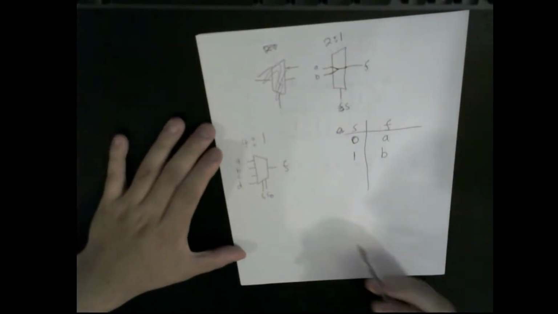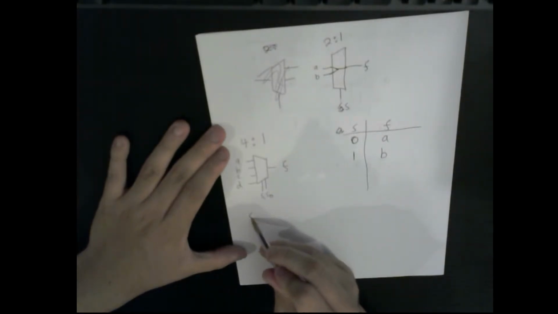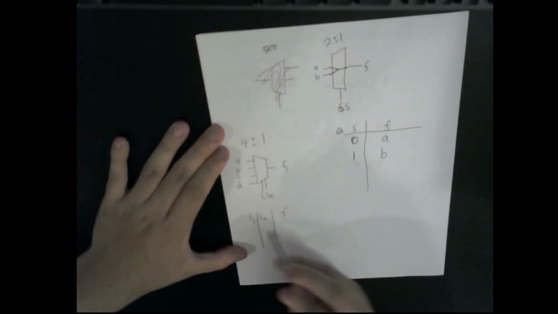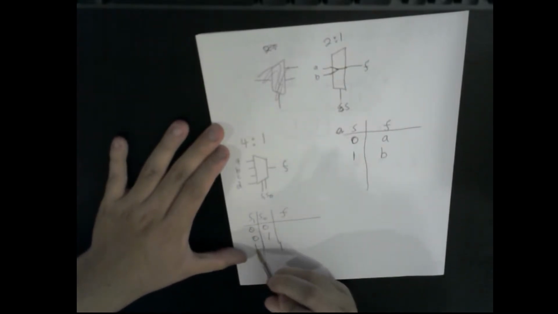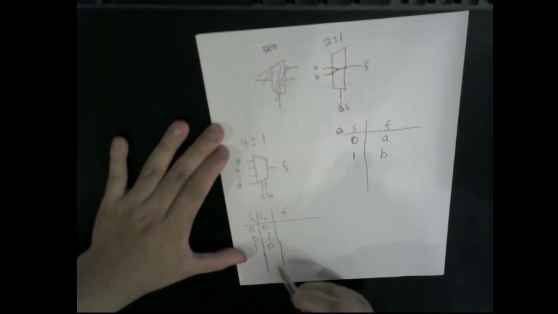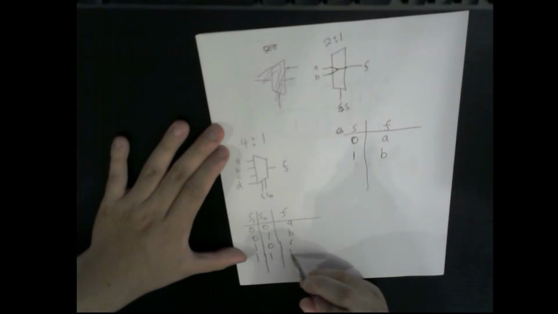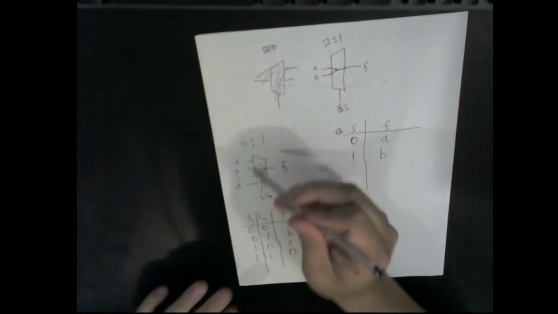So now our truth table is going to look like this: S1, S0, and F. 0 0, 0 1, 1 0, 1 1. So we're going to have A, B, C, D. It's like a four-way selector here. We can select that one, that one, that one, this one. And what connection is made internally depends on these S inputs right here.